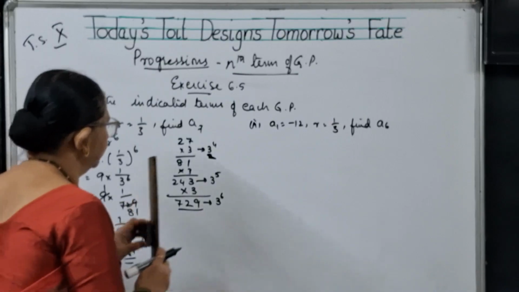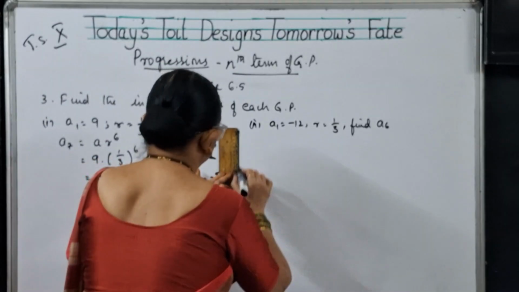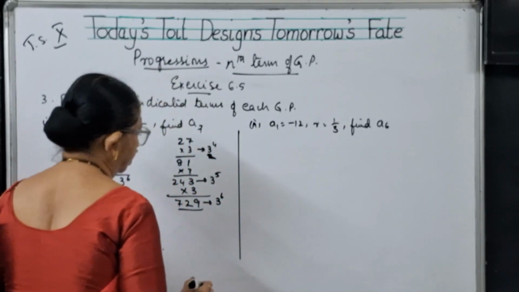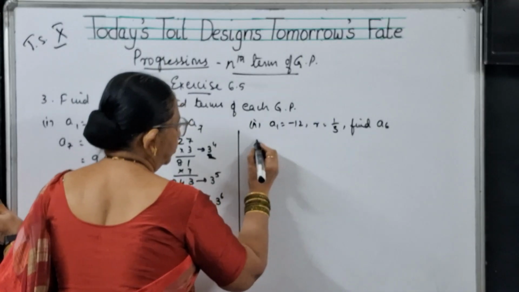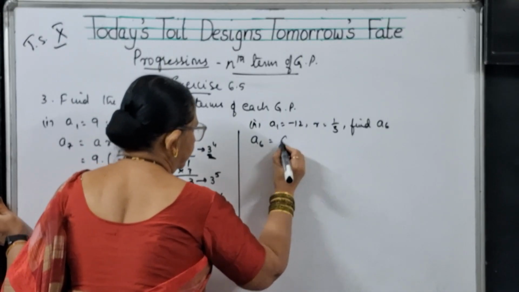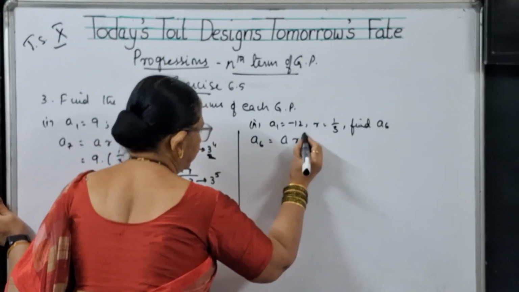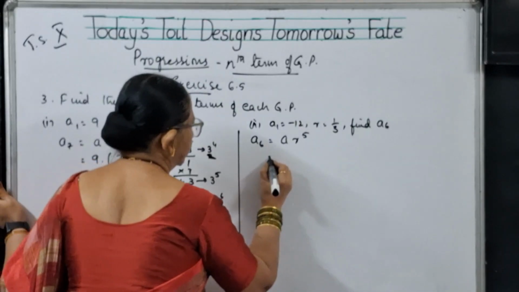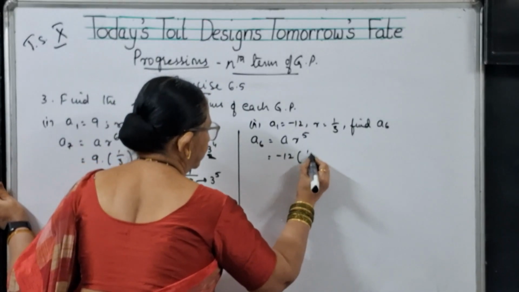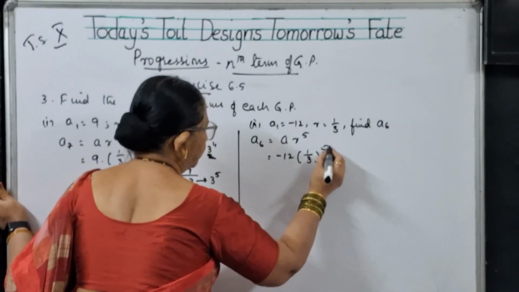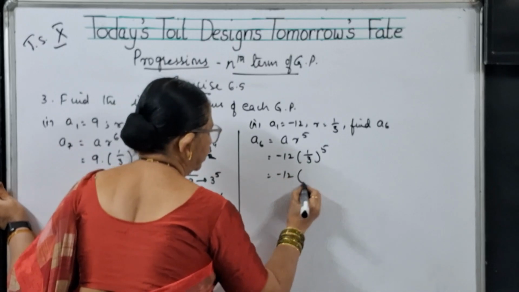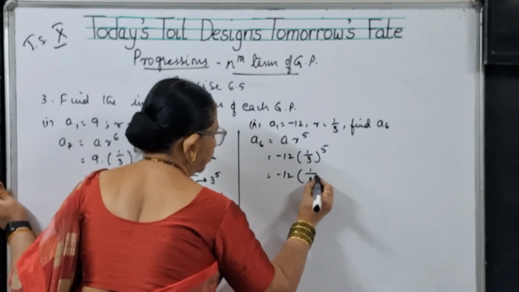Now, let us go to the next problem. Here we want A6. A6 is A into R to the power of 5. That is minus 12 into 1 by 3 whole to the power of 5. That is minus 12 into 1 by 3 to the power of 5.